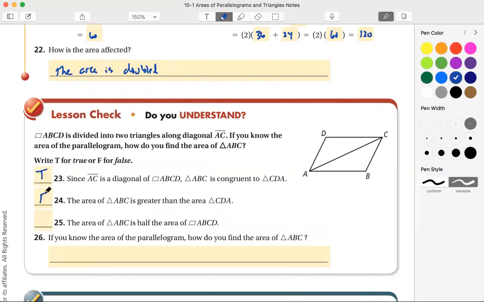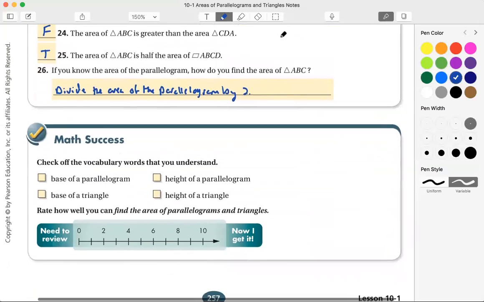That's false. The area is half the parallelogram. That's true. So all I need to do is divide the area of the parallelogram by 2. And that's the end of this section.